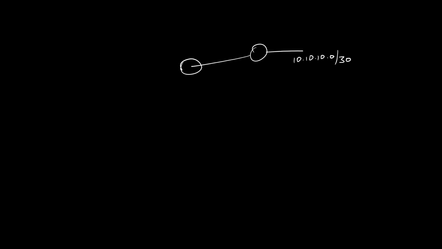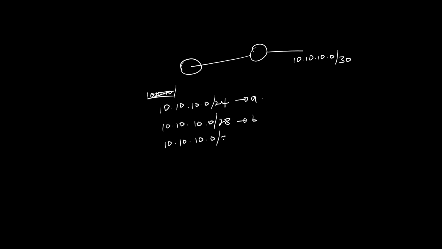And on this router, we have routes that say: to reach 10.10.10.0/24, send to next hop A. To reach 10.10.10.0/28, send to next hop B. To reach 10.10.10.0/30, send to next hop C. To reach 10.10.10.2/32, send to next hop D.